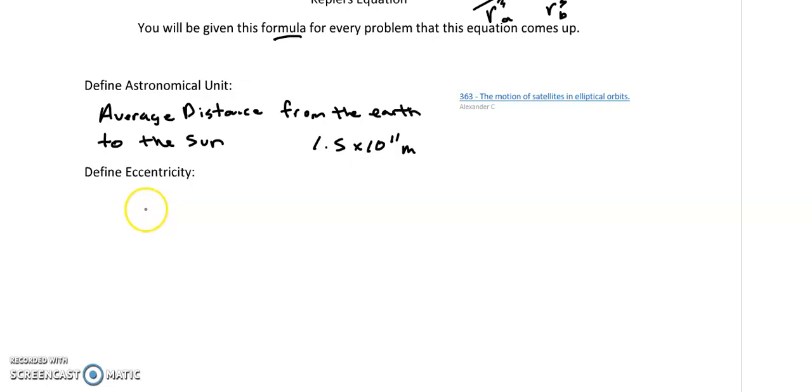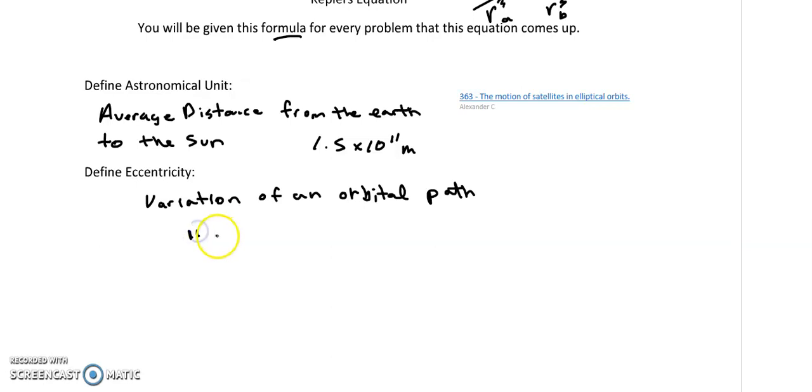And eccentricity is the variation of an orbital path. So in essence, I'm going to make up a word here. It is the ovalness of the path.